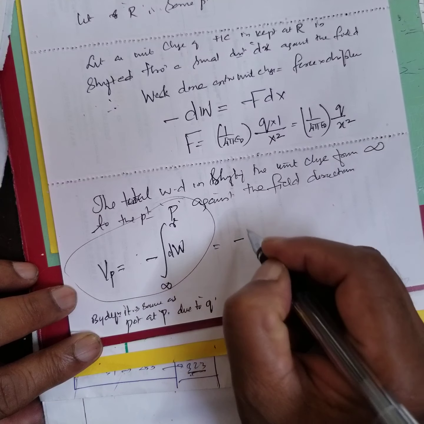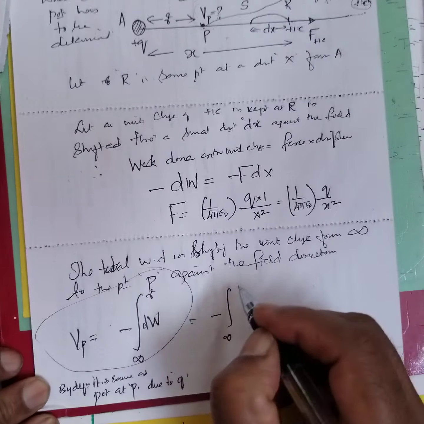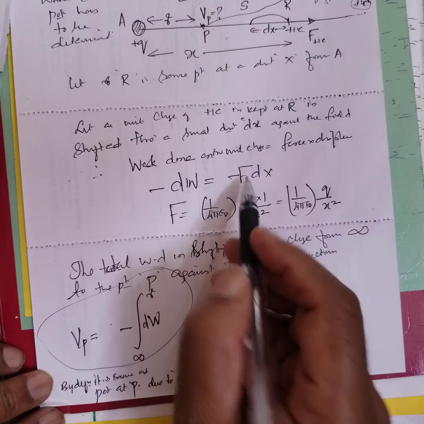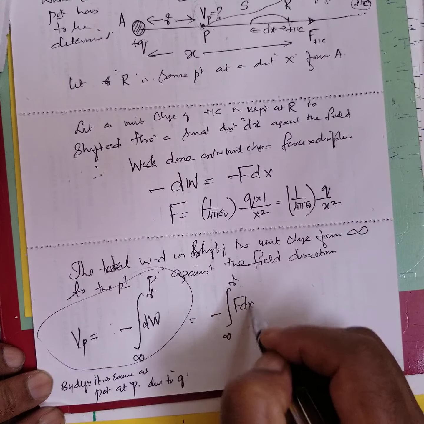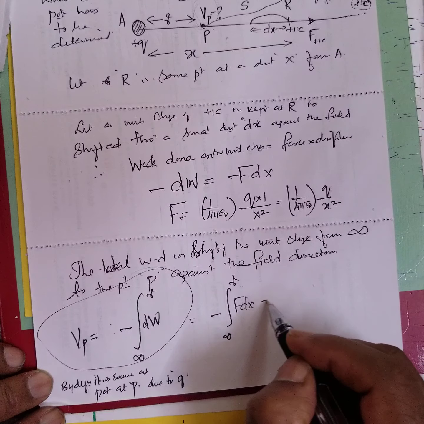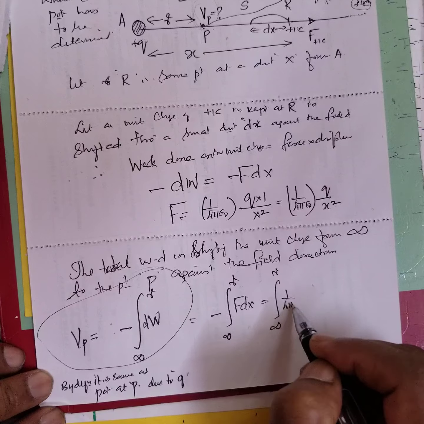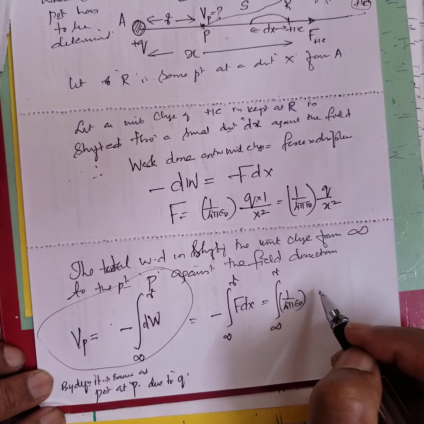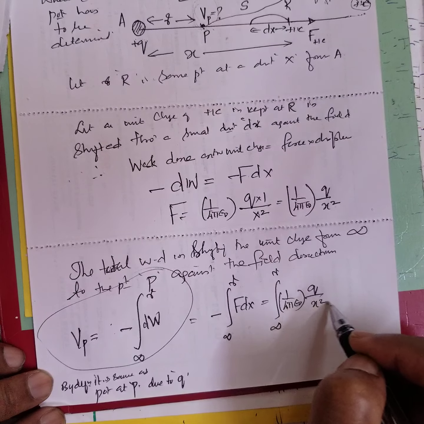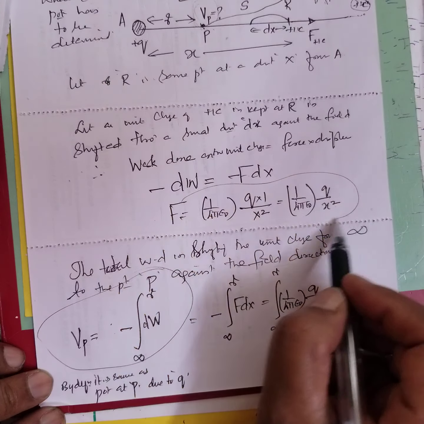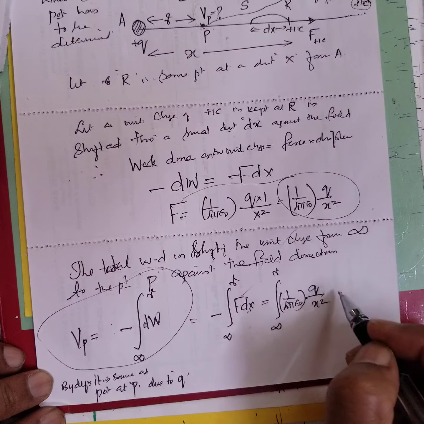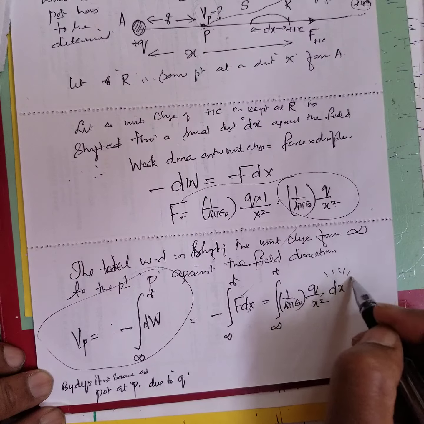Therefore, V equals minus integral from infinity to R of F dx. What is F? F is equal to 1 by 4 pi epsilon naught Q by x square. F is substituted here. Don't forget to write this dx.